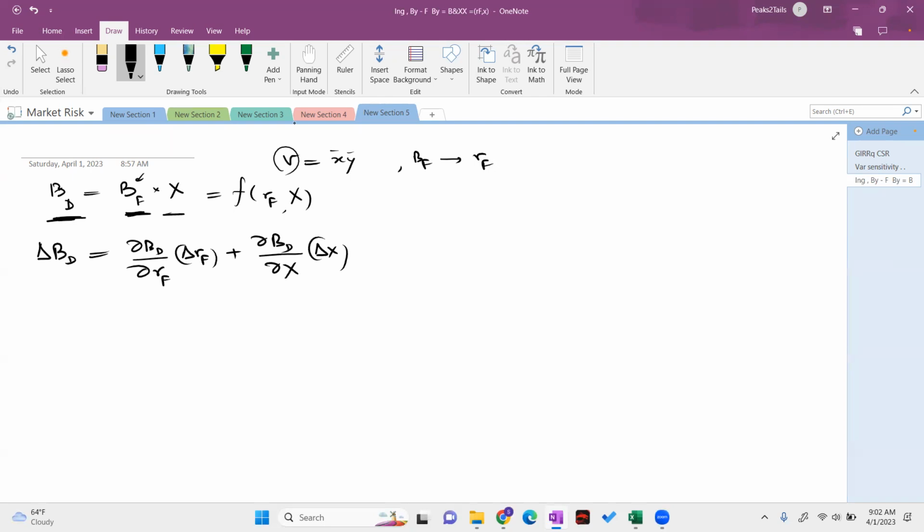Taylor series, first order approximation. You have to conquer this equation, otherwise you'll always struggle in market risk.